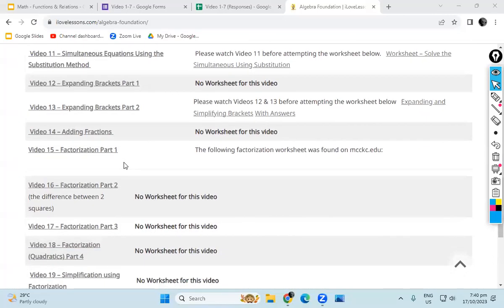When you scroll down after 14, there are videos 15, 16, 17, 18, and 19, and all of them deal with factorization. That's going to be the next set of homework after this one. If you want to get a little head start on it, feel free, because you're going to have to do it in any case.